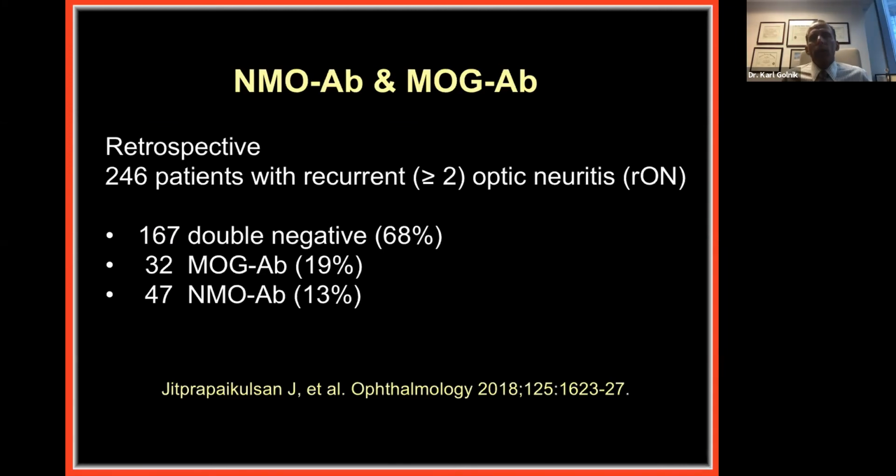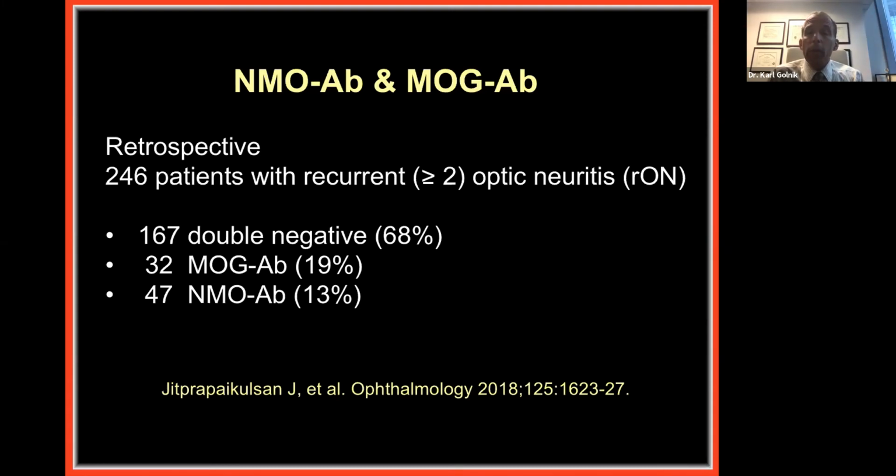This study was fairly recently done in the US, from Mayo Clinic about 1.5 years ago. They went back and looked at their patients who had recurrent optic neuritis. They defined recurrent as at least 2 episodes. So this would be like our patient that I presented at the beginning of this section, who was having her 2nd episode of optic neuritis. They had 246 patients, and they went back and looked at these patients to see how many had MOG or NMO.